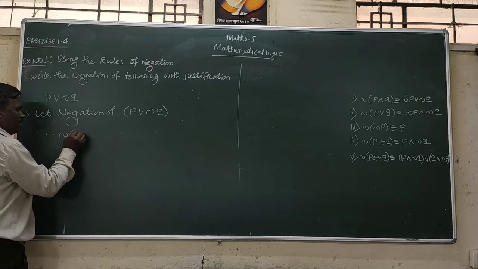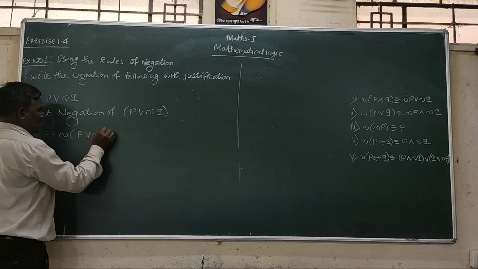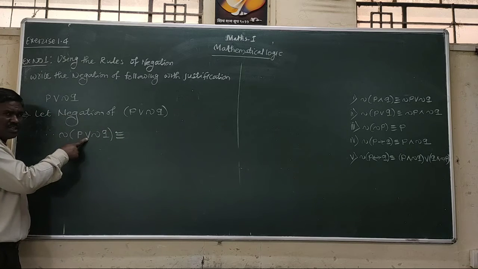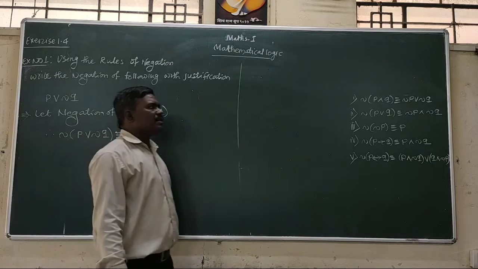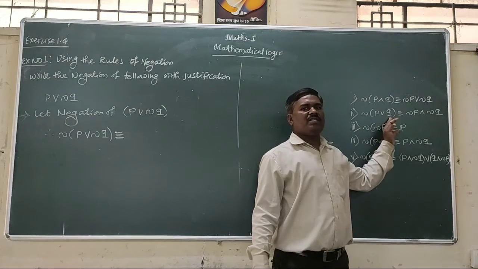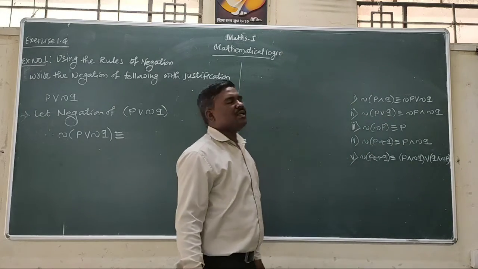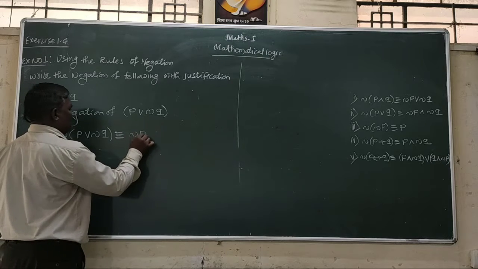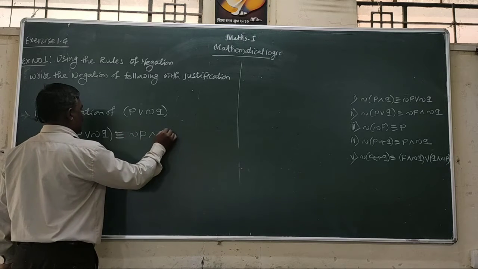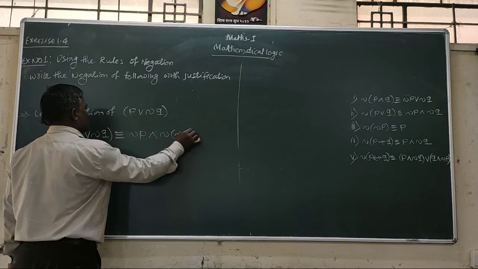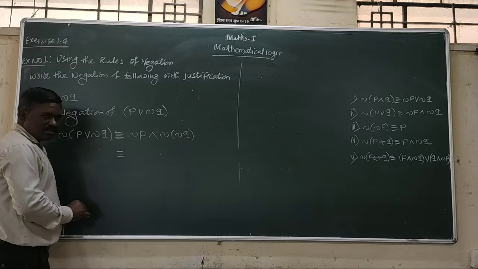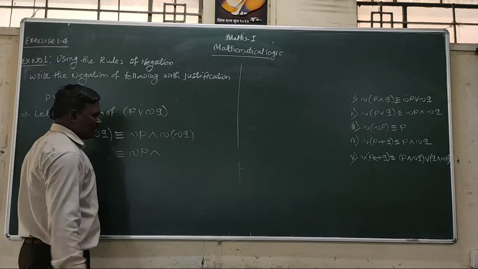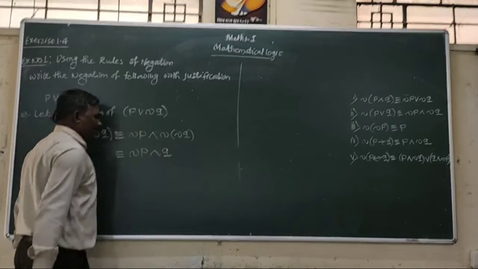Therefore negation of p disjunction negation q is equivalent to, which negation do we take? Disjunction. We know the negation of disjunction: negation of in bracket p disjunction q is equal to negation of p conjunction negation of q. Therefore it becomes negation of p conjunction negation of negation q.